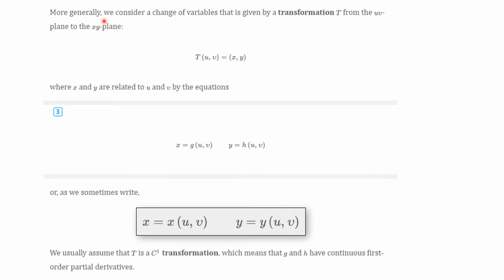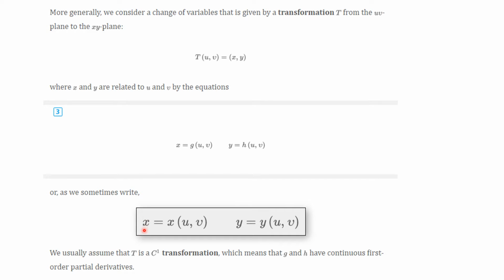So more generally, we consider a change of variable that's given by a transformation T from the uv plane to the xy plane. So T of (u, v) is equal to (x, y), where x and y are related to u and v by these equations. x is equal to g of u, v, y is equal to h of u, v.